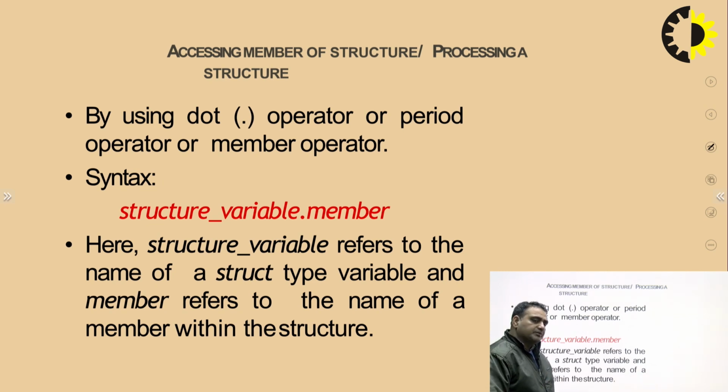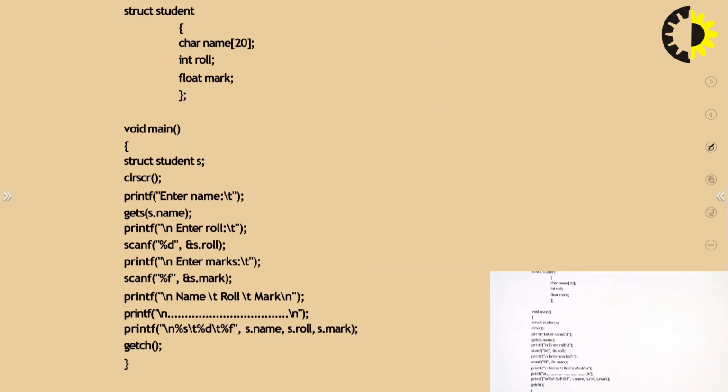So, structure variable dot member elements or fields. Here we already discussed name, roll, marks, and student. S is a structure variable. To enter the name, that is s1.name, gets is a user defined, gets is a library function. We are taking the string from the keyboard at runtime using this function gets, and in gets we put a single argument, that is s1.name.